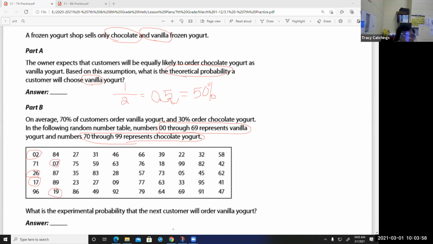All right, keep going. 27. 35 and 23. 27. 49. 59. 09. Two people can tell me a number between 00 and 69.